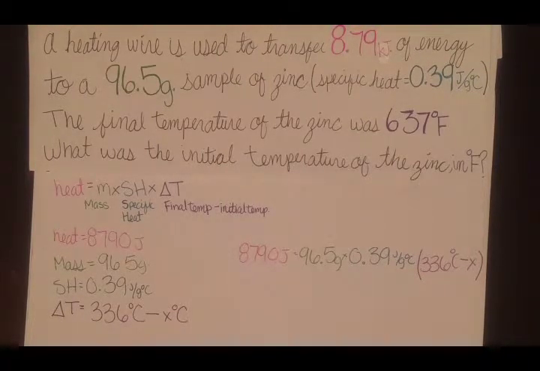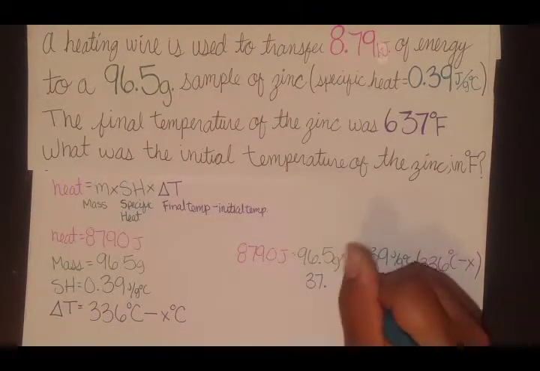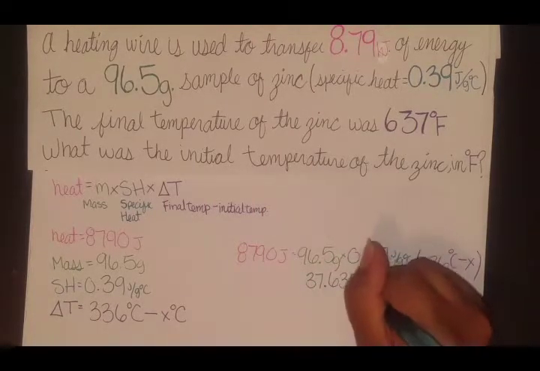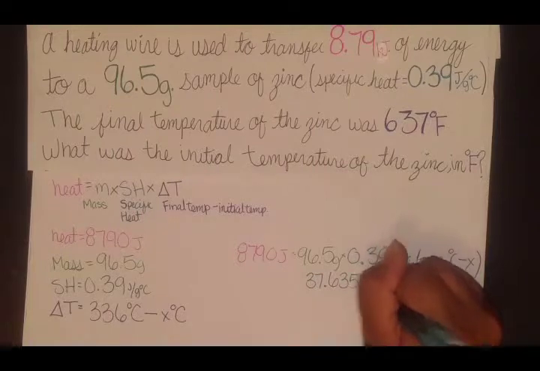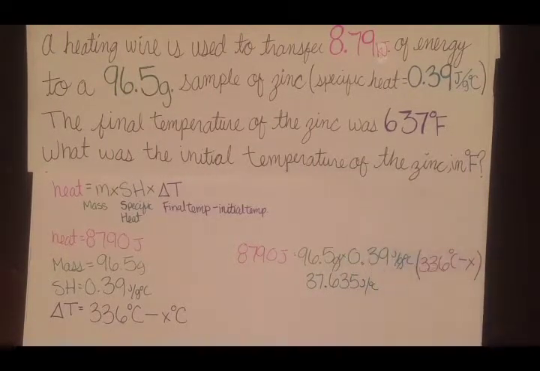Okay, and now we can begin to start solving for our problem. The way we're going to start is by multiplying these two numbers right here, which is going to come out to 37.635 joules per degree Celsius, because our grams are going to cancel out.